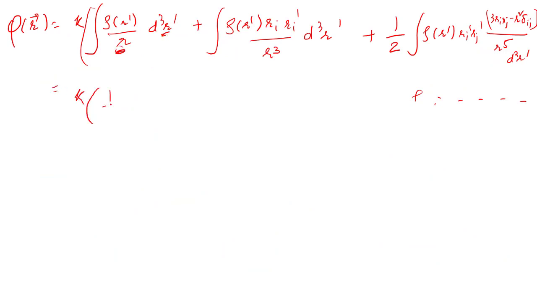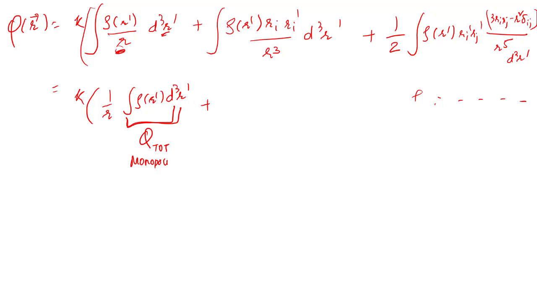I can just write it as 1 over r times the integral of rho of r prime d cube r prime. But then you see that this integral just gives you the total charge. We call this the monopole. So this is like the total charge of that volume.